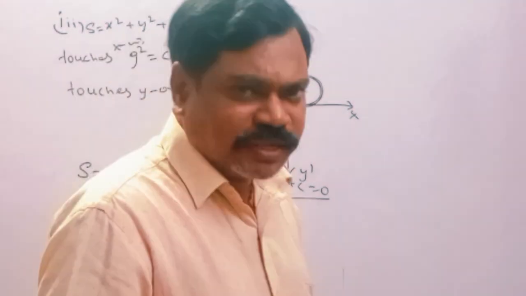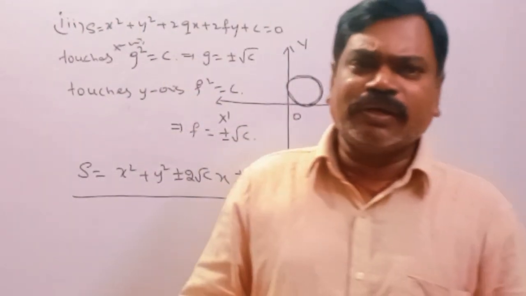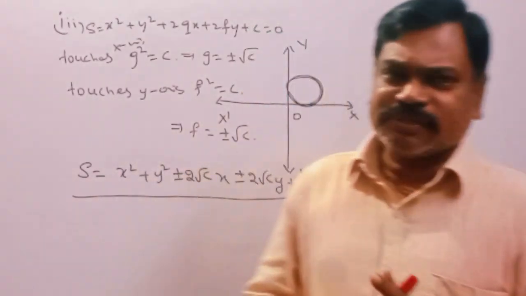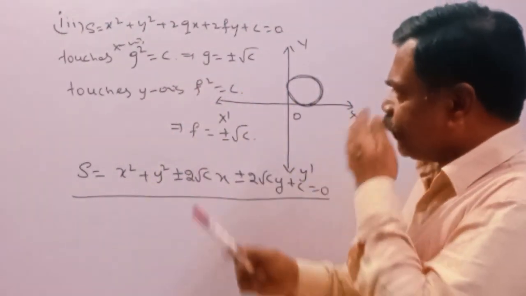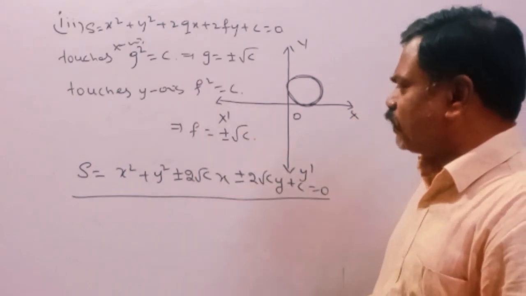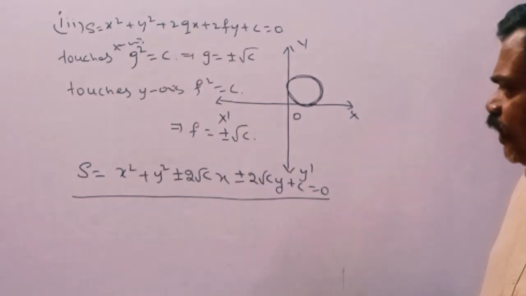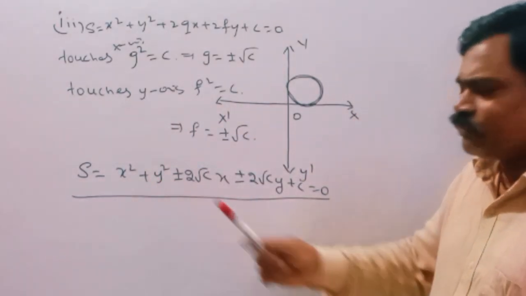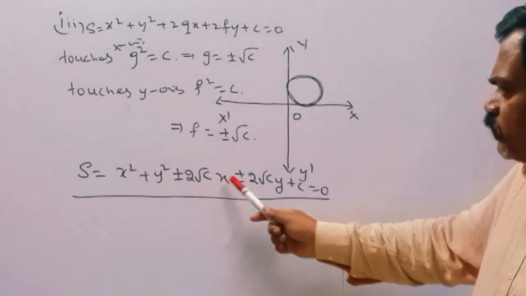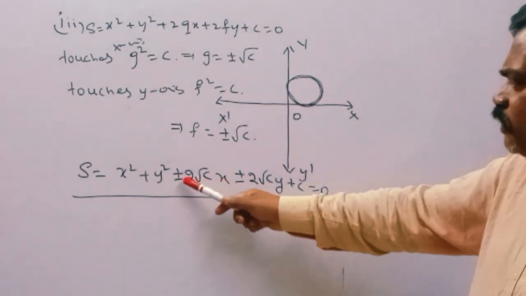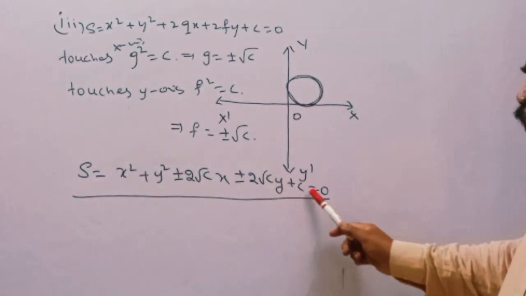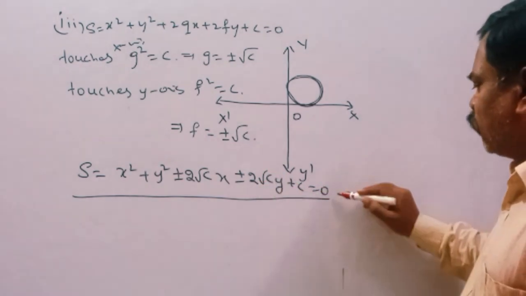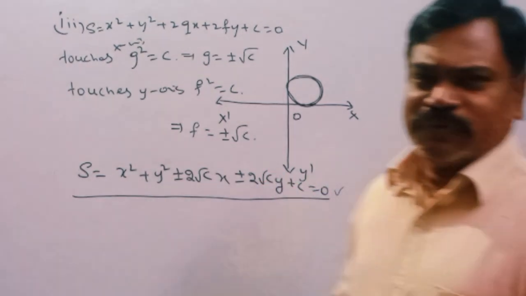When the circle touches two axes, that is g square is equal to c and f square is equal to c, then this is the circle equation.